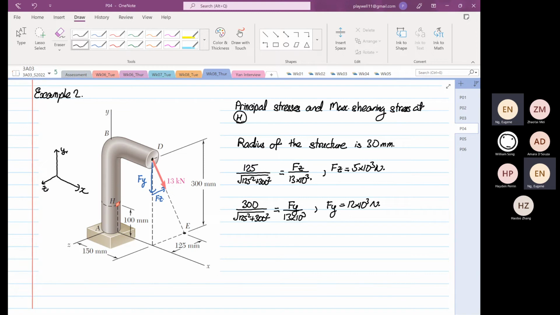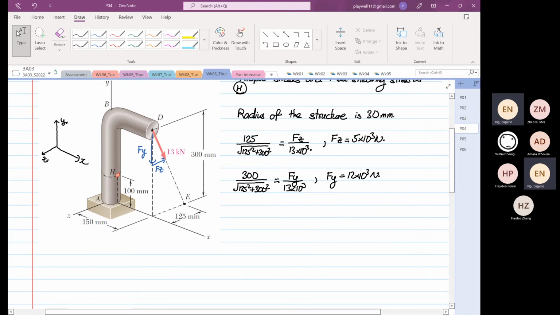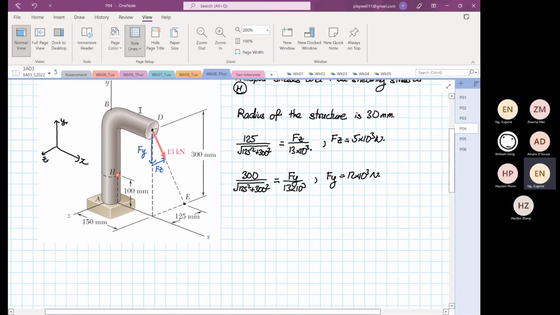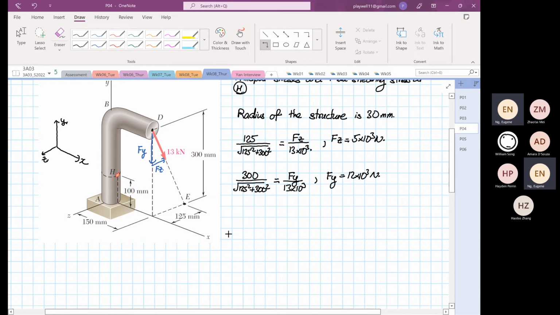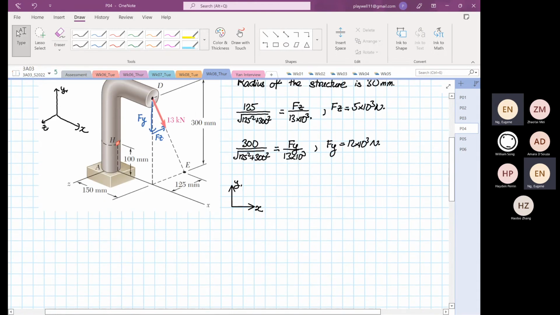Then again, like how I've taught you, we're going to look at them in different views. I'm going to look at them in the y-x plane first. We're going to draw this. This is x, this is y. I'm going to sketch this: 300 by 150.